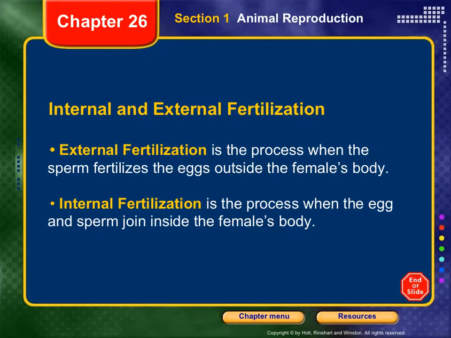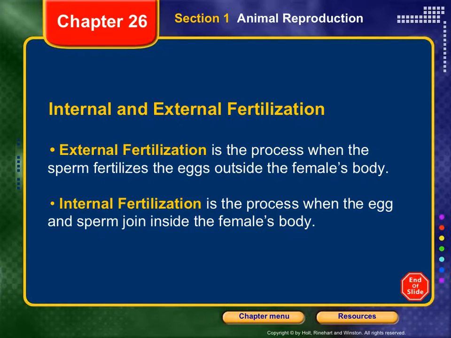Spawning. Yes, spawning. So what do the females do? They lay their eggs. The father fertilizes them. Yes. So the female fish will lay the eggs, and then the males come over and fertilize them in the water.